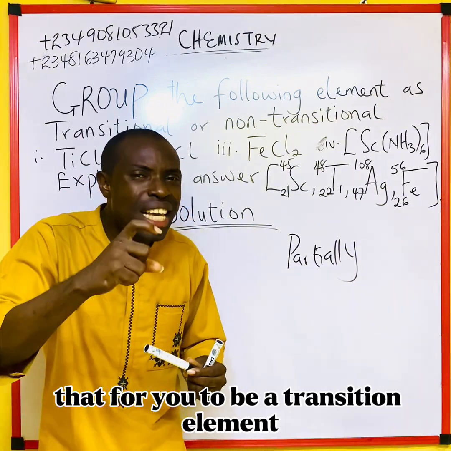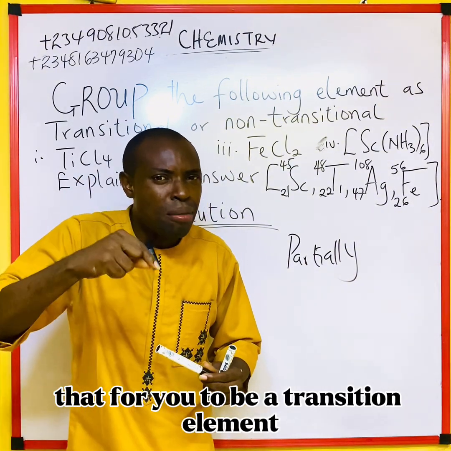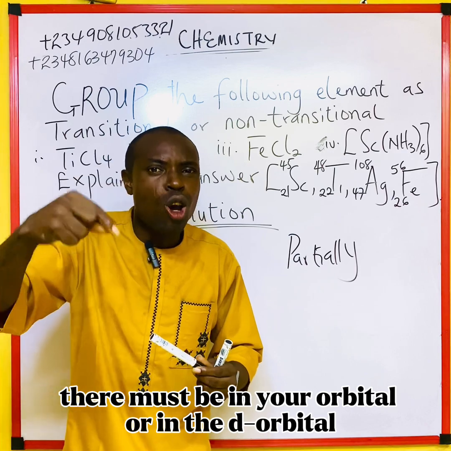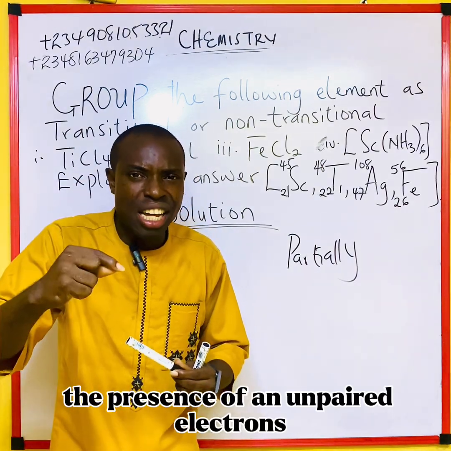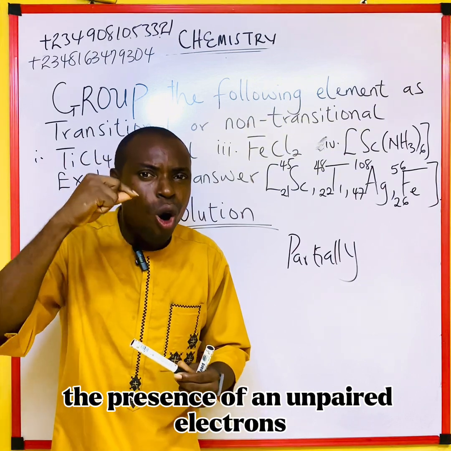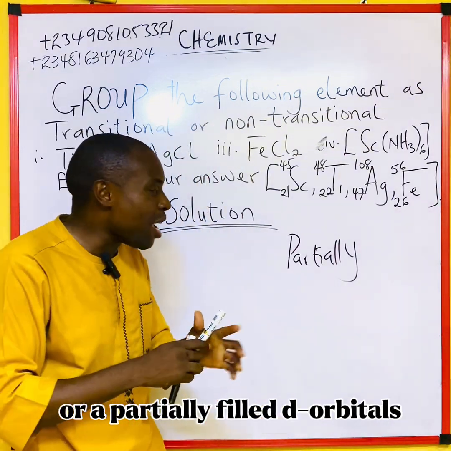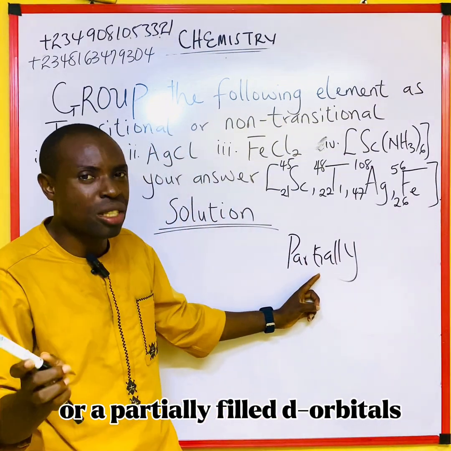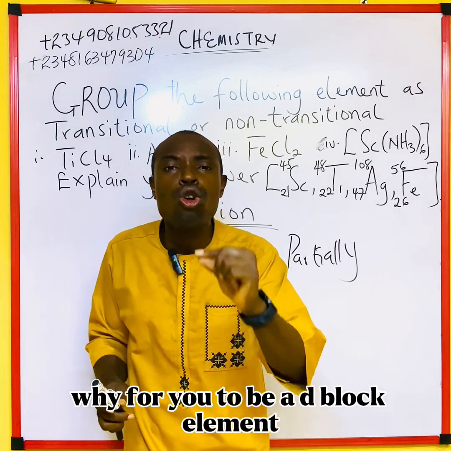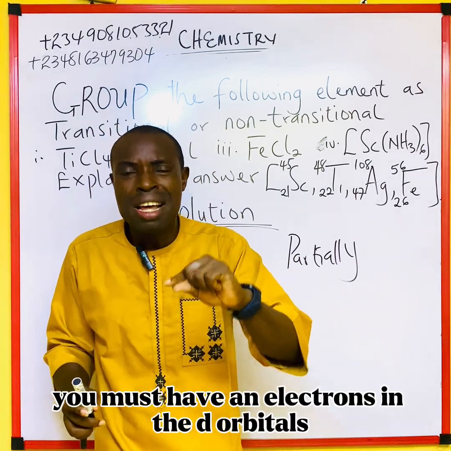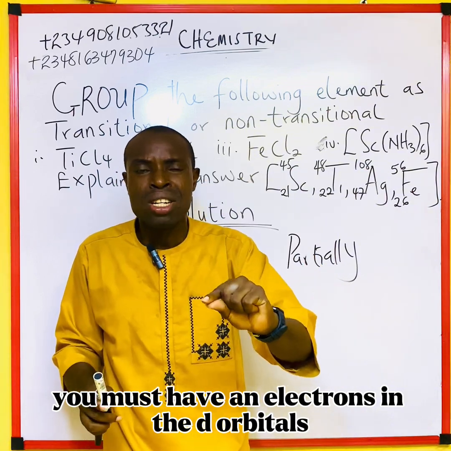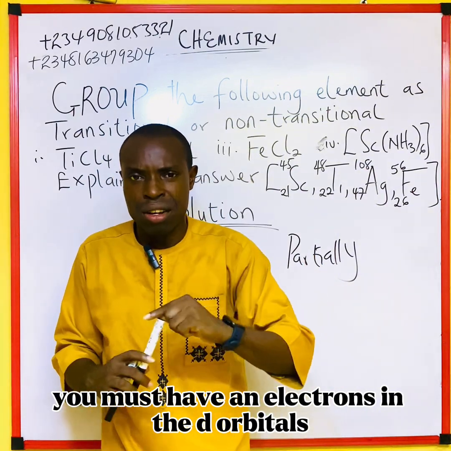For you to be a transition element, there must be in the D orbital the presence of unpaired electrons or a partially filled D orbital, while for you to be a D block element, you must have electrons in the D orbital.